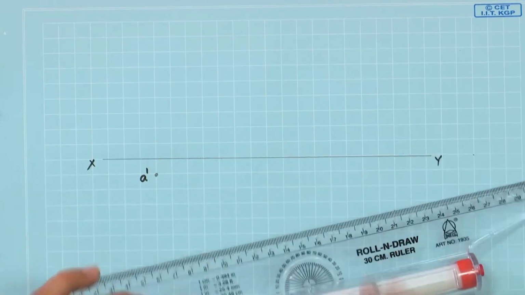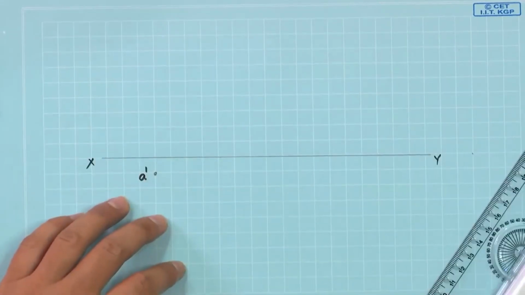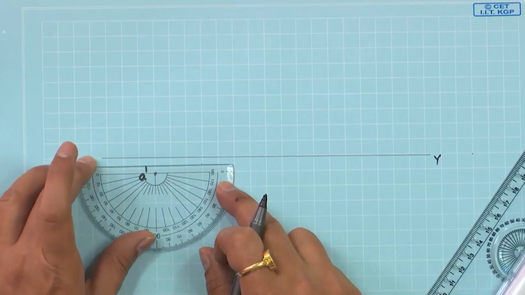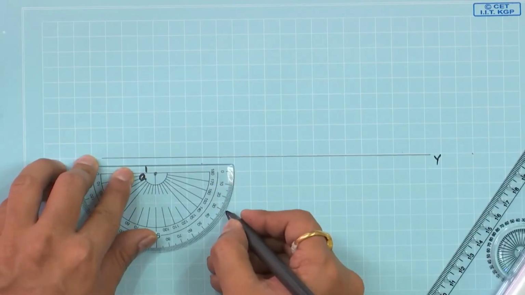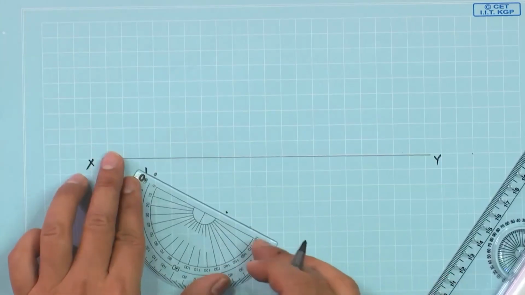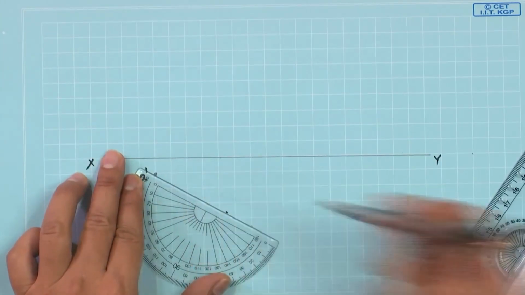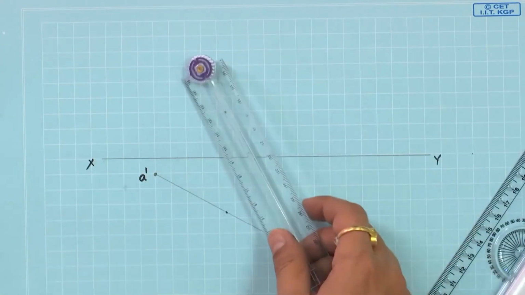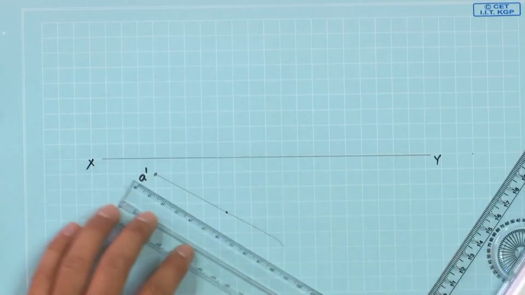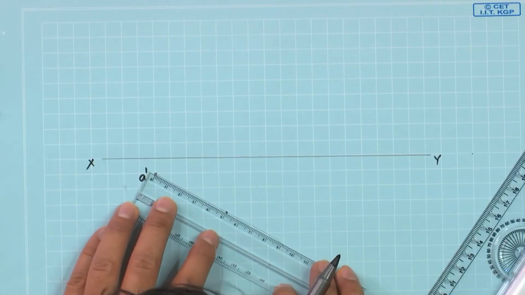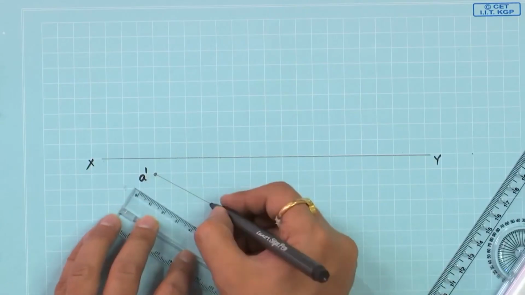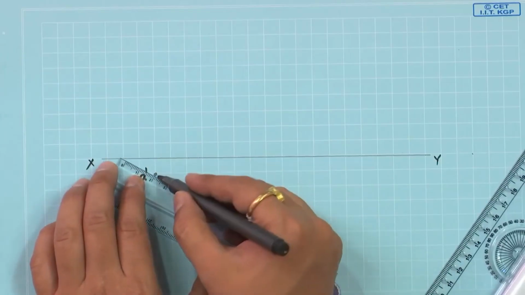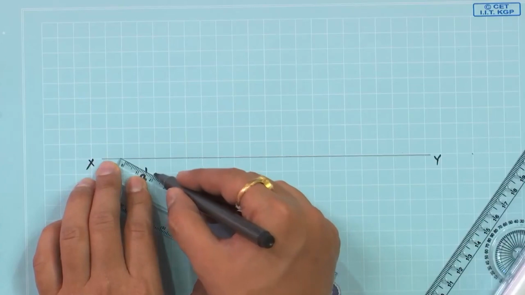The 30 degrees, whatever the angle it makes, that will be our line. Somewhere there, join this line. In that, locate 40 mm line. So, this will be B prime. Join these points. This will be our front view.